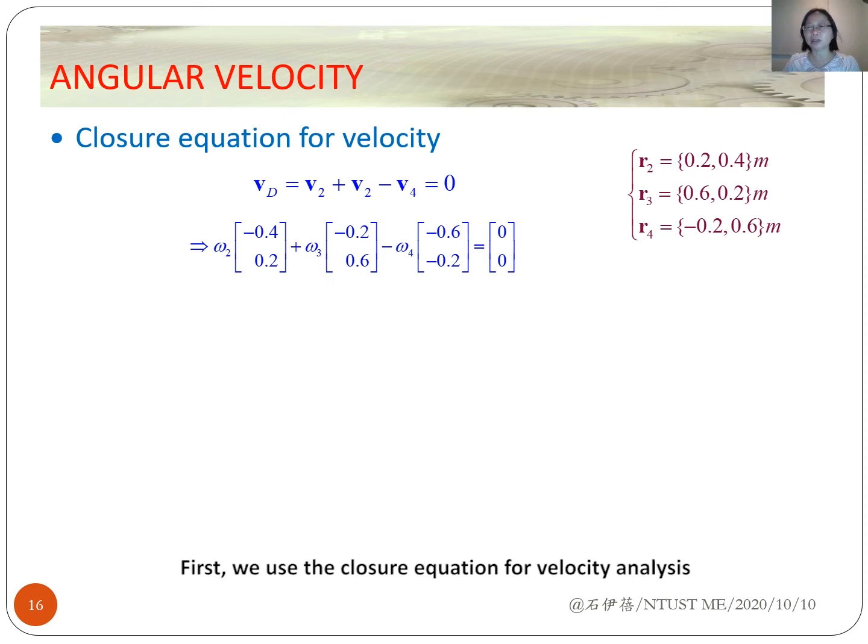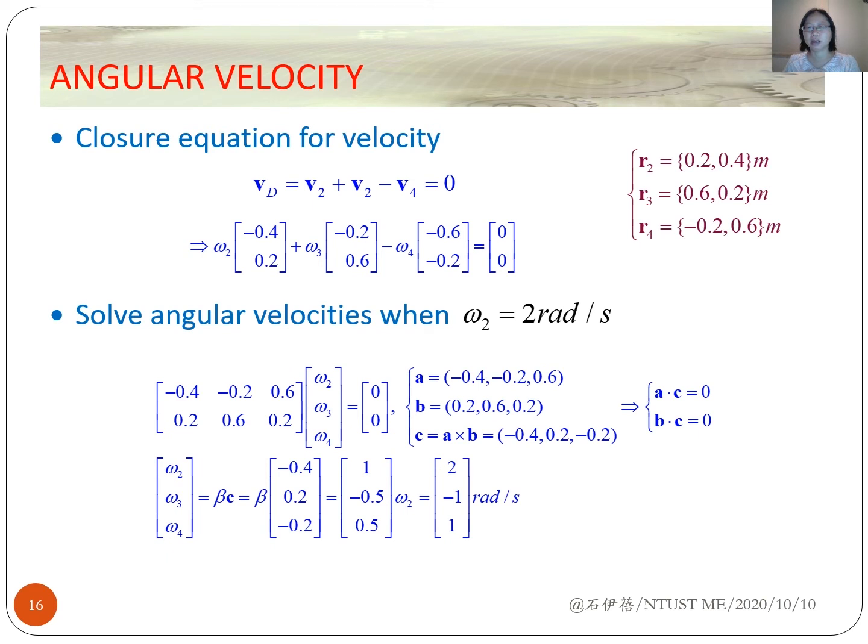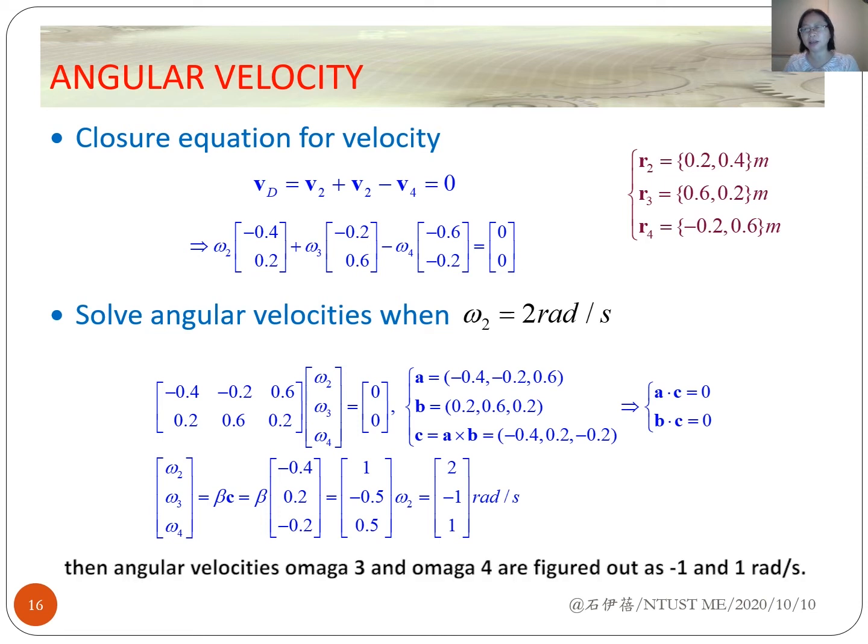First, we use the closure equation for velocity analysis to determine the angular velocity of links 3 and 4. The angular velocity omega2 is given as 2 radians per second. Then angular velocities omega3 and omega4 are figured out as -1 and 1 radians per second.